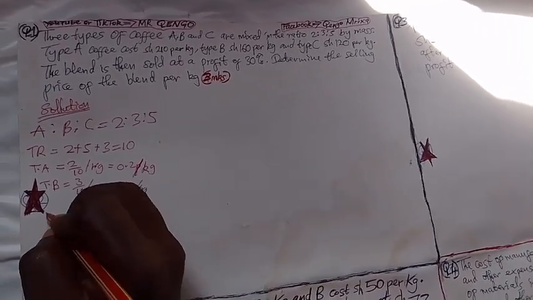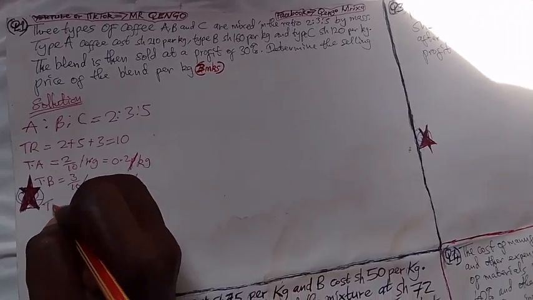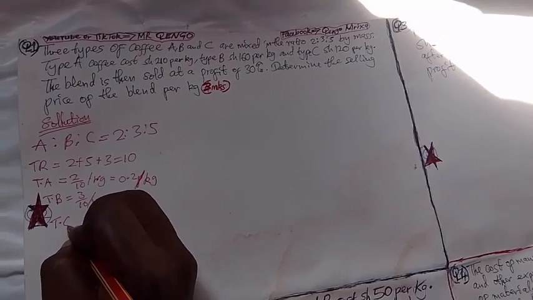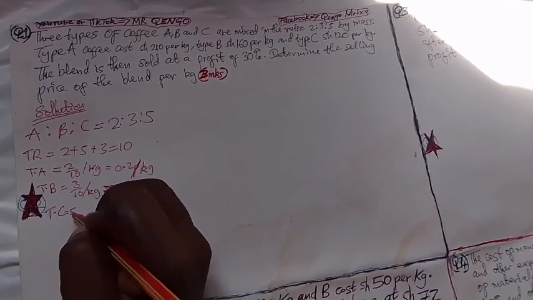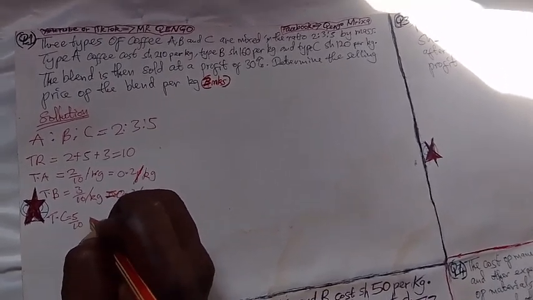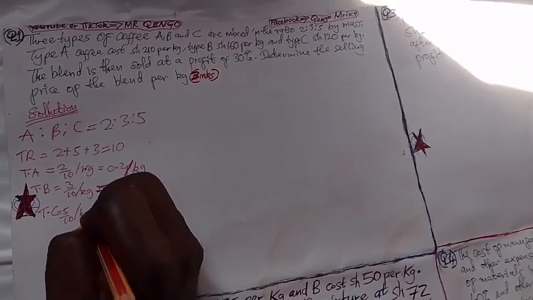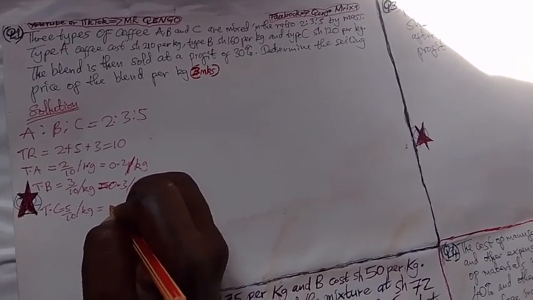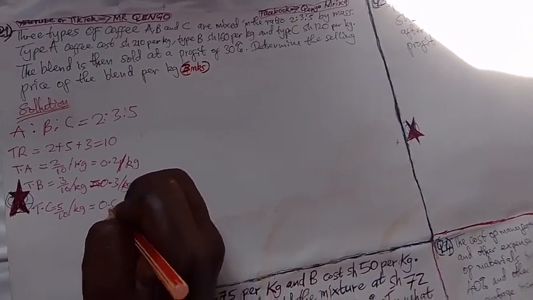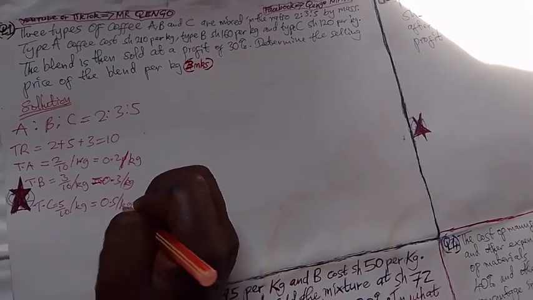And type C is 5 over 10 per kilogram, which is equivalent to 0.5 per kilogram.